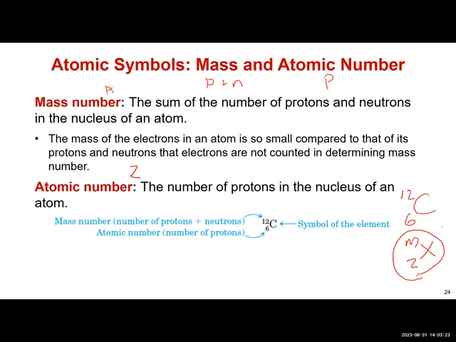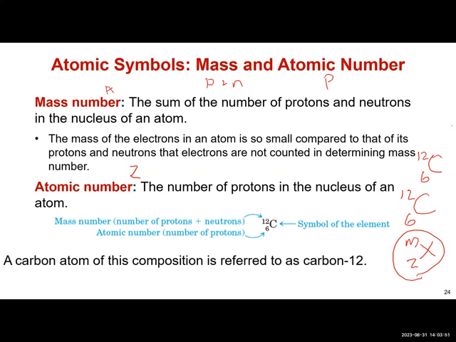That's how we write down the atomic symbol. Normally, when you write the carbon atomic symbol, we drop the mass number. But in the periodic table, we know its atomic number is 6. Mass number is 12. So from the periodic table, we can get those.